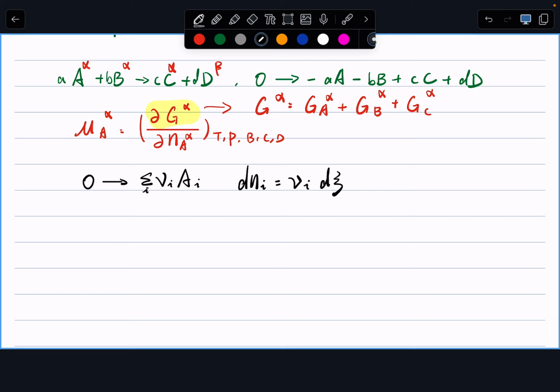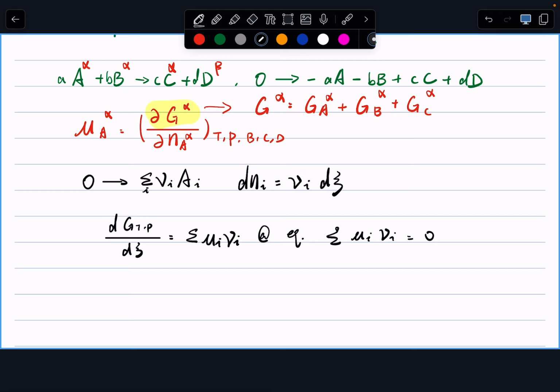For that extent of reaction, we know that at equilibrium, dG at constant T, P over d xi equals the sum of mu_i nu_i. So at equilibrium, the sum of the chemical potential times the stoichiometric coefficient equals 0.